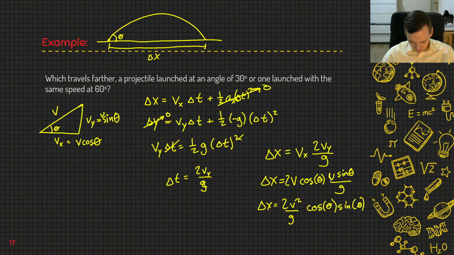Sine of 30 times cosine of 30 is going to give us square root 3 over 4.